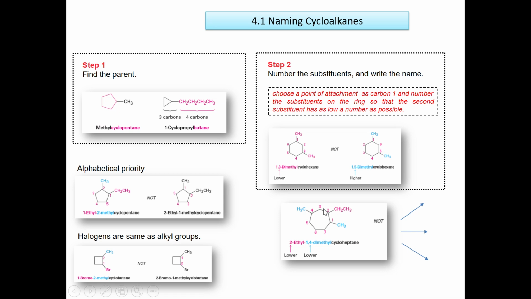If we put it here it is 1, 2, I would say 6 probably. If we put it here it is 1, 3, 4. All are higher than 1, 2, 4. This is 1 methyl, 4 methyl. That means 1,4-dimethyl, 2-ethyl that we put first because remember we put the substituents in the name by alphabetical order, and then cycloheptane.